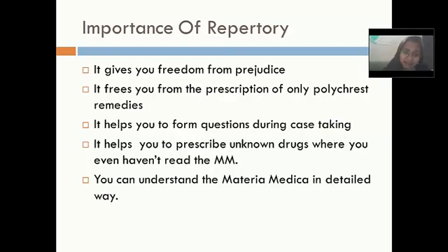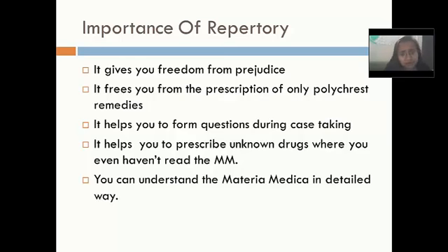So it is possible that I might give Nux vomica only for that particular disease because I cannot remember other symptoms or other remedies. So if anybody is using repertory for that particular symptom or expression of the patient, your prescription can be beyond polychrest remedies or known remedies, I would say.